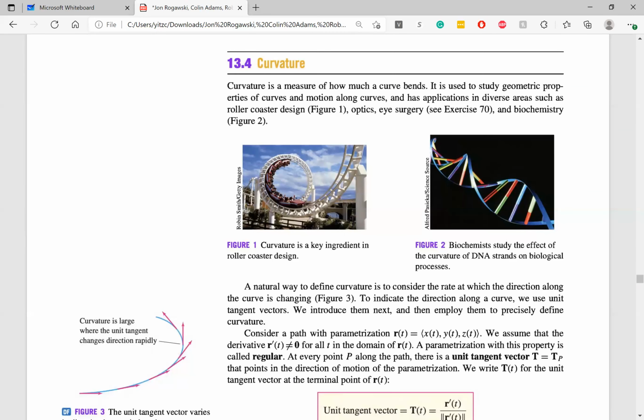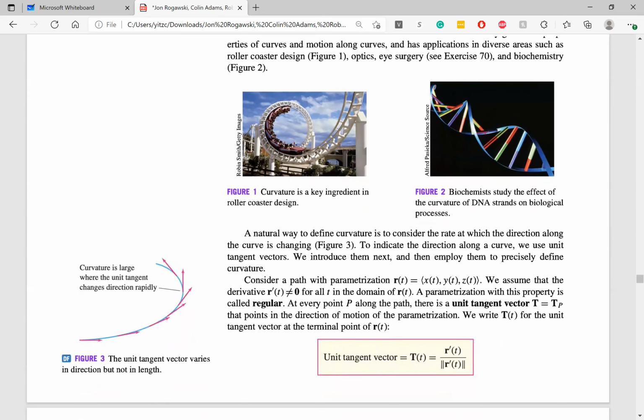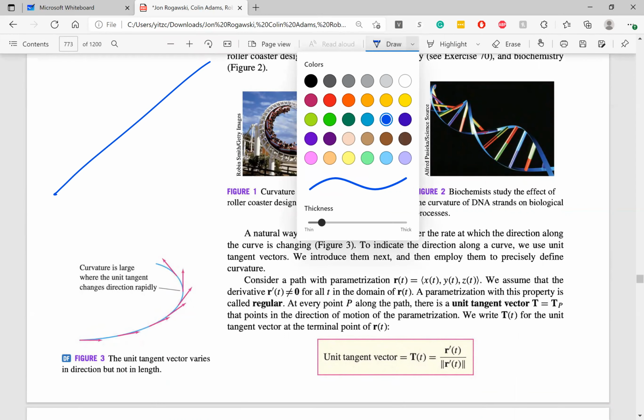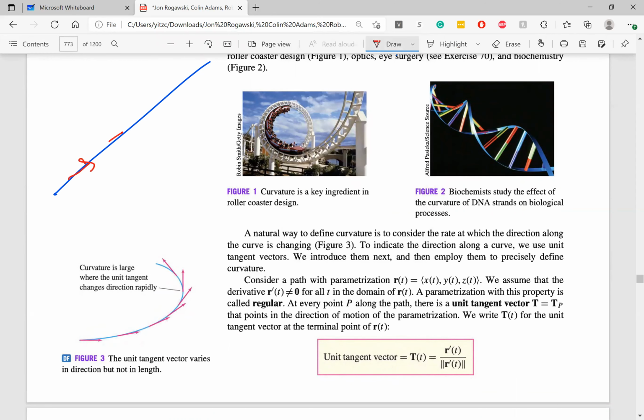So we can think of curvature as how much is there a change in your velocity vector, in your tangent vector, as you move along your curve. So let's say you have a line, your curvature will be 0. And in fact, your velocity vector will always be the same, right?